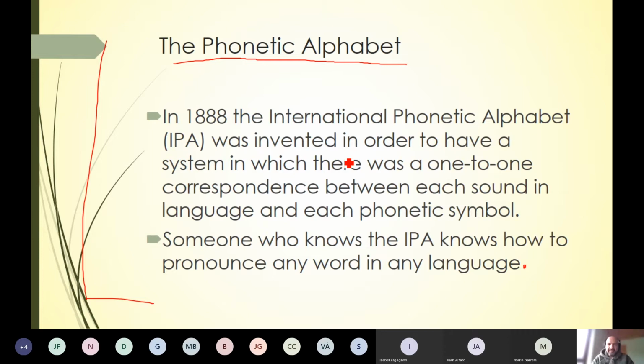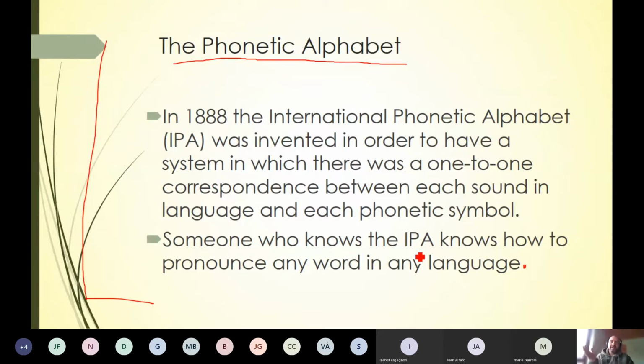And theoretically, if you know how to pronounce all the symbols present in the International Phonetic Alphabet, you should be able to produce any sound in any language. Okay, so phonetics deals in general with all kinds of sounds present in all kinds of languages, right? That's, broadly speaking, the subject of phonetics.